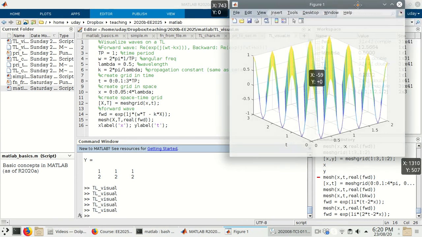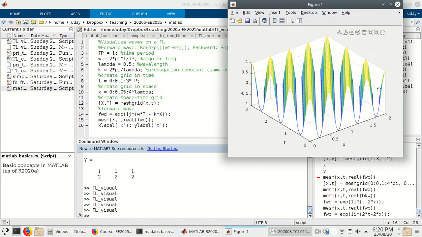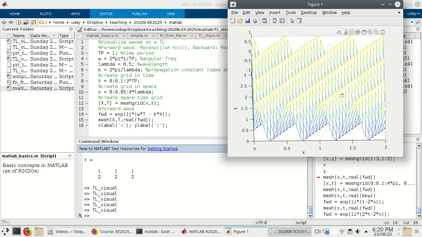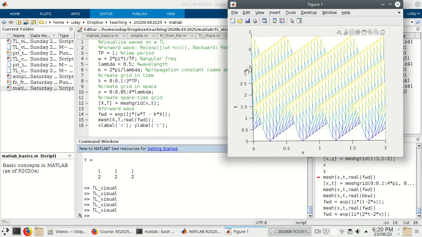Now the nice thing is that it's very easy for me to manipulate this in 3D. If I put this down like this, the time axis is going vertically, the space axis is going horizontally, right? So at the very first look at this, let's say I keep time fixed at half.